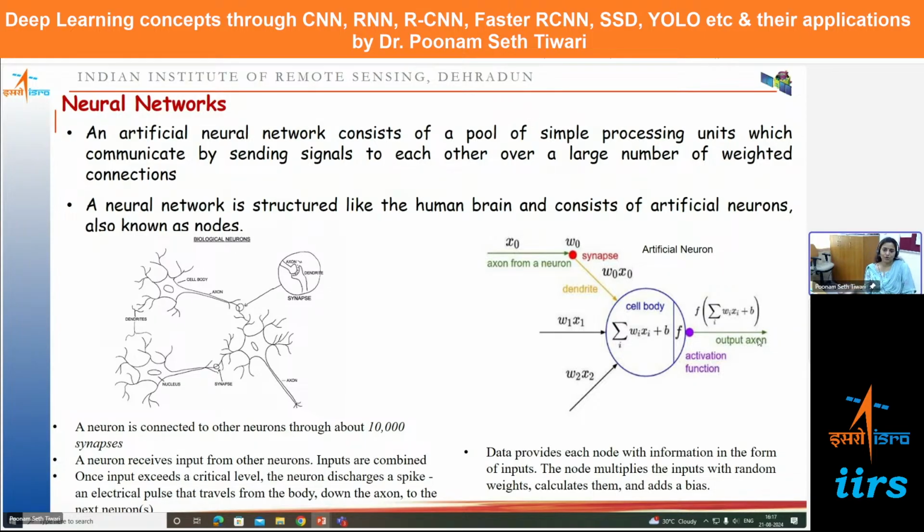In the next layer, again, it gets the information from all the neurons, sums it up, does the processing, and passes it on to the next layer. So in this manner, the data provides each node with information in the form of input. The node multiplies the input with random weights, calculates them, adds the bias, and passes it on to the next neuron.